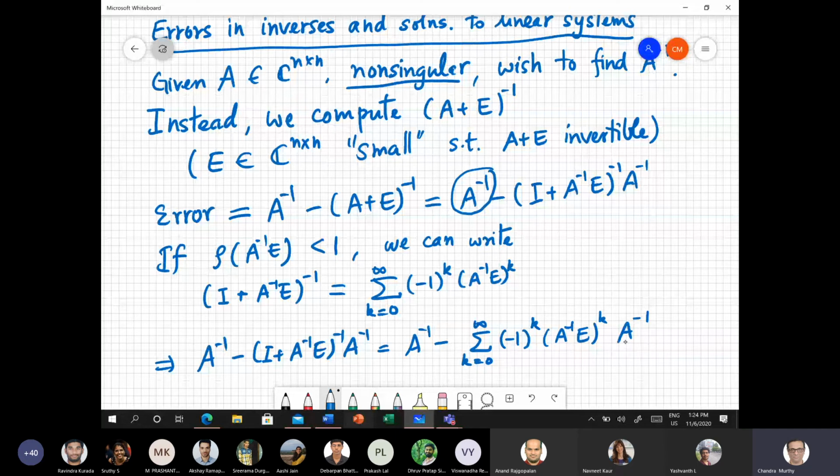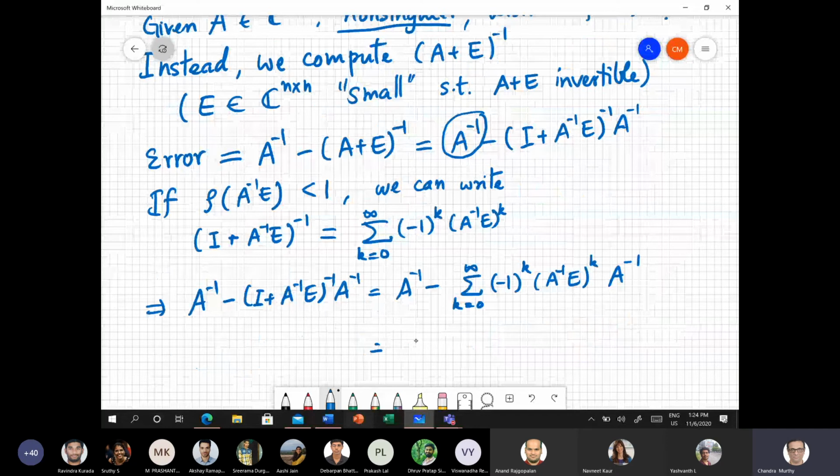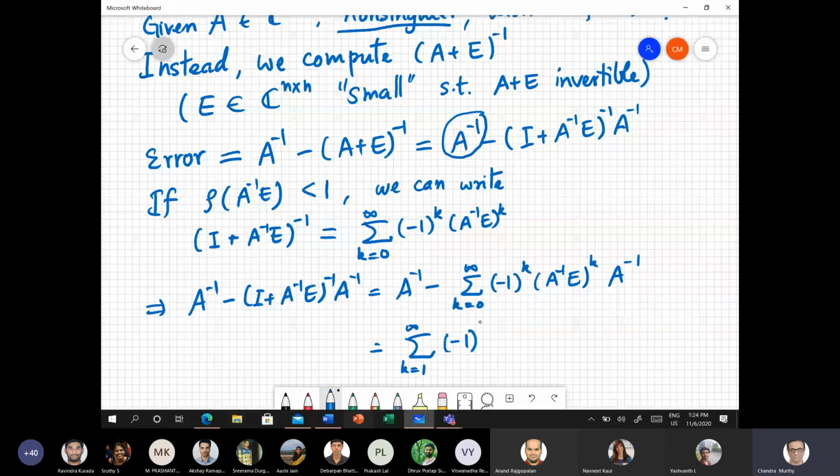So the first term exactly cancels this A inverse, and I'll be left with all the other terms, k equal to 1 to infinity. I'll absorb the minus 1 and write it as (minus 1) power k plus 1 times (A inverse E) power k times A inverse. Keep in mind my starting point is that rho of A inverse E is less than 1.